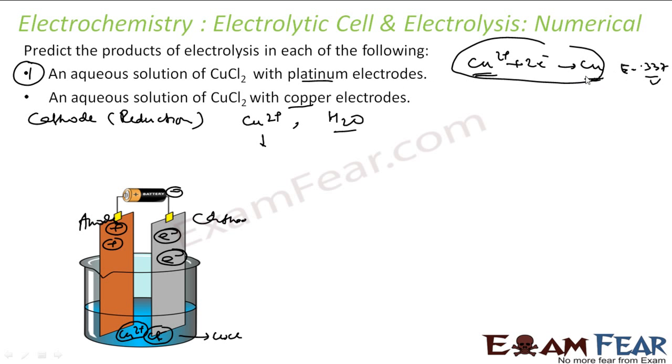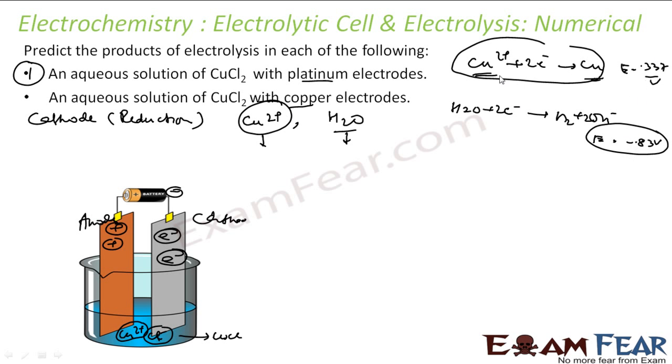For water to get reduced, the reaction is H2O takes 2 electrons to become hydrogen and OH-, and here E is -0.83 volt. That means water needs energy to get reduced, but the copper ion itself will get reduced. It doesn't even need energy. So by default this will get priority, because it has a positive value, while the other has a negative value.